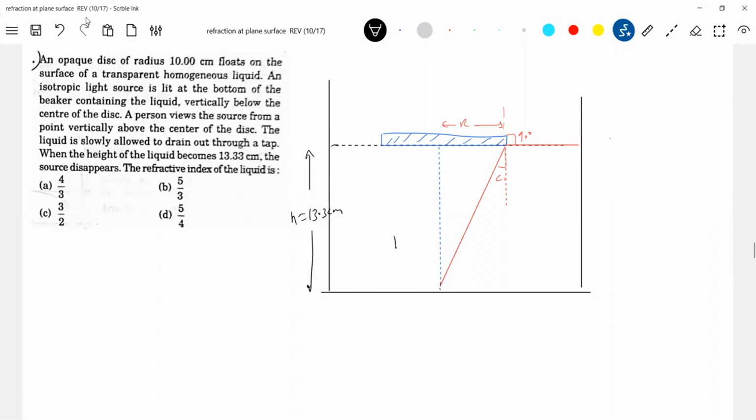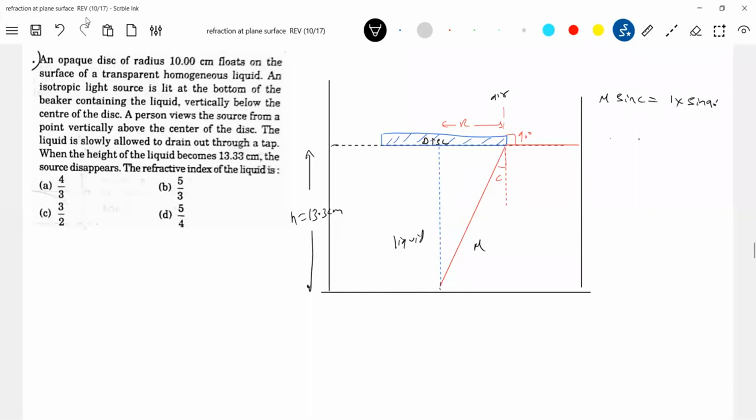So there's a liquid. So critical angle. So what is mu? Mu is equal to 1 by sine c, that is, mu sine c is equal to 1 into sine 90 because this is air. So this is a disk. So we got the value of sine c. What is sine c?